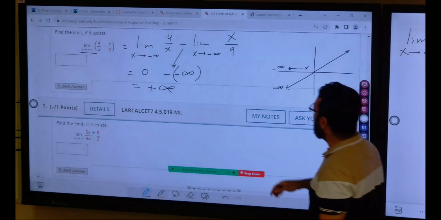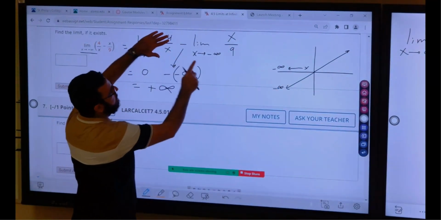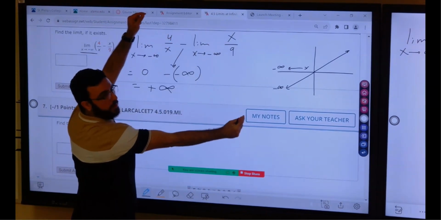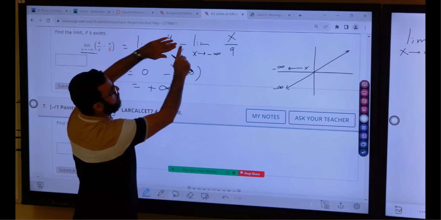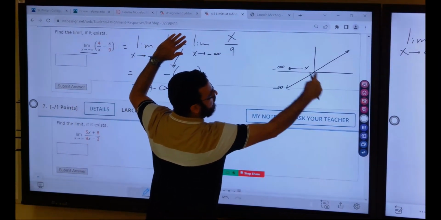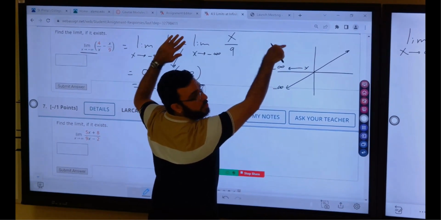You can say the same thing if you don't worry about the negative sign. He said that the graph of x, because there is a negative sign, is a flip. Because there is a negative here, which means negative x, so the graph is like this. That means the limit for when x goes to negative infinity goes to positive infinity.